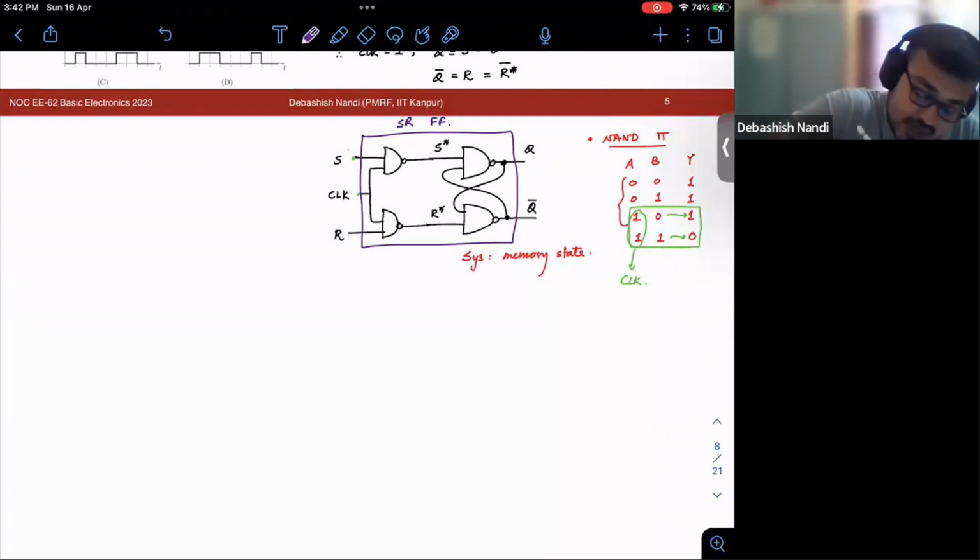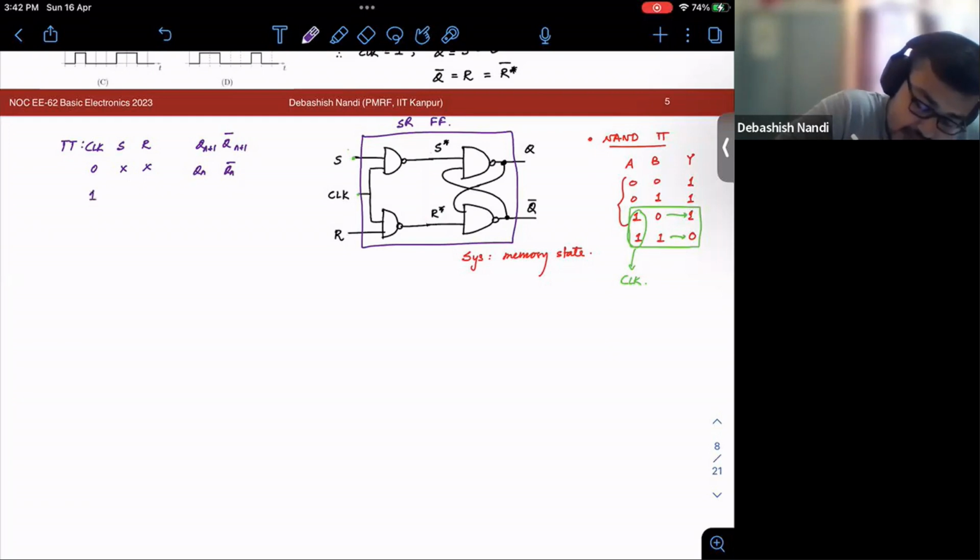So what is the truth table? You have S, R, clock, 3 inputs, Q and Q bar are the outputs. Whenever clock is 0, irrespective of S and R, your output will be Qn plus 1 equal to Qn and Qn bar, right? That means it is in memory state.